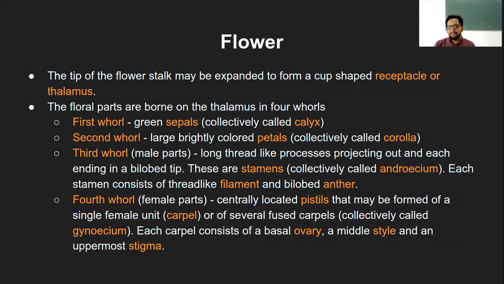For example, on my head, this hair is a process, or on my skin, there are hair-like processes. We can call them processes of the skin. That is the outgrowth or projection, something that is coming out of it. So that's what process refers to here, and not the process of making something. That is not what it means here.